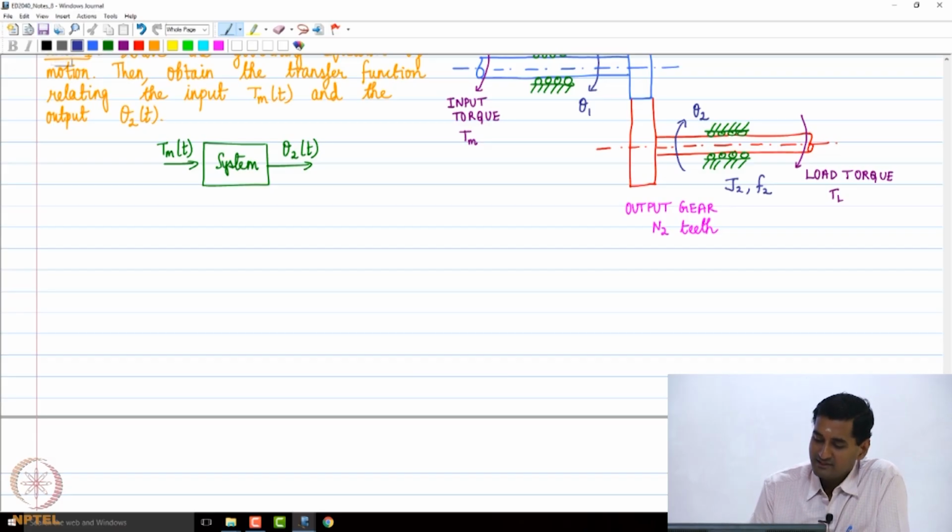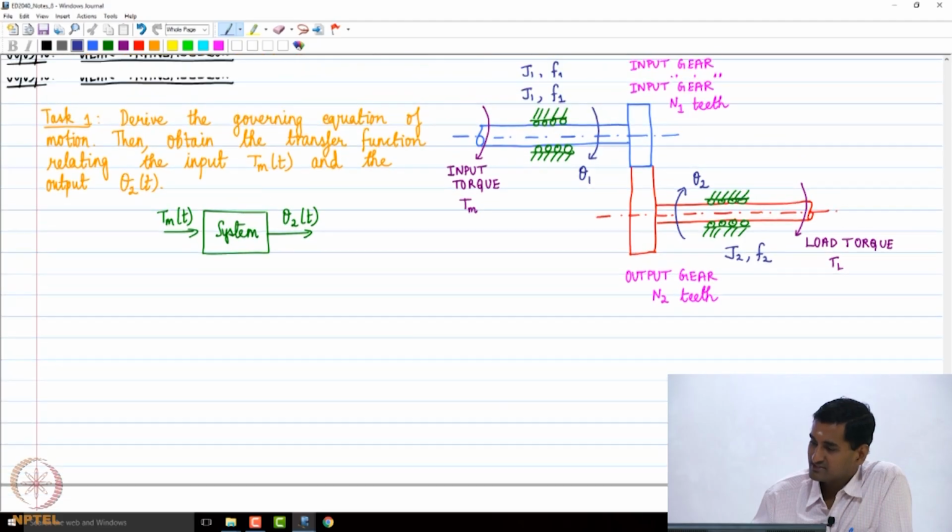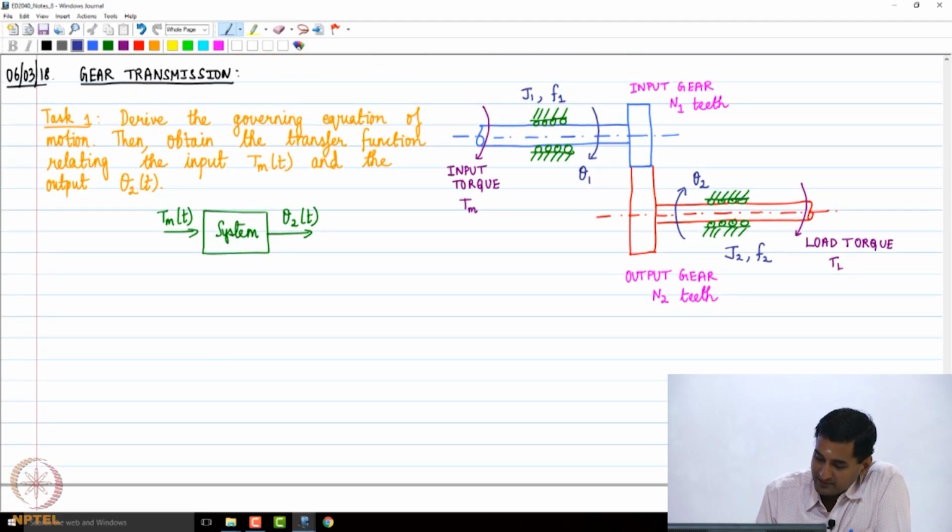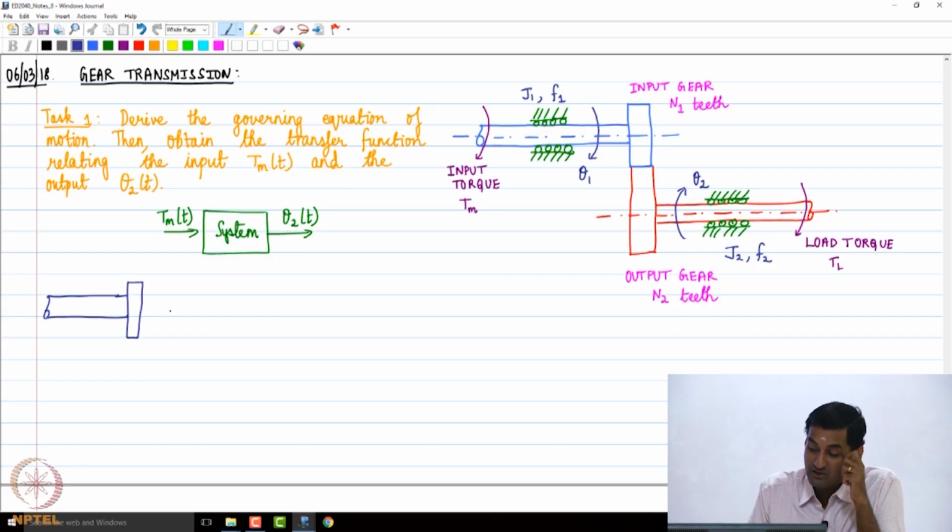To do that, let's draw the free body diagram of the input shaft. Then let's write down the corresponding equation of motion. So let's say I draw the input shaft. What are all the torques that are going to act on this input shaft?